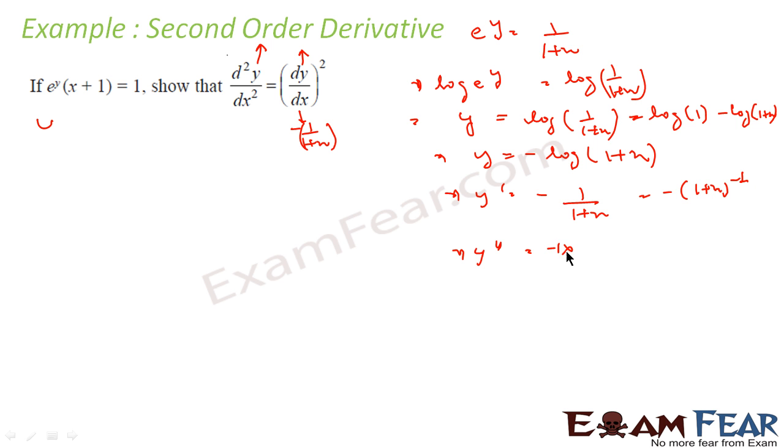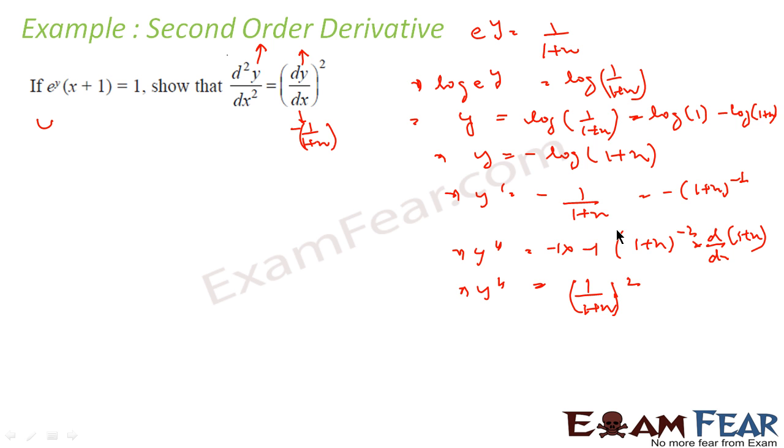This is minus 1 into this, again minus 1 will come here because you want to find the derivative, into (1 plus x) to the power minus 2 into the differentiation of 1 plus x with respect to x. So the minus signs cancel, so I got y double dash as nothing but 1 by (1 plus x) square, because this becomes 0, this becomes 1.